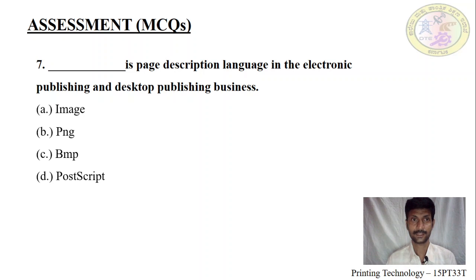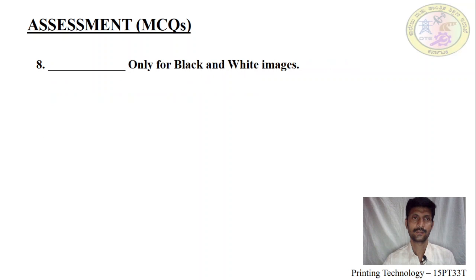PDF will convert it to dash, because the machine, image setter, and plate setters understand only this language, and a ripping process will take place. Dash only for black and white images.